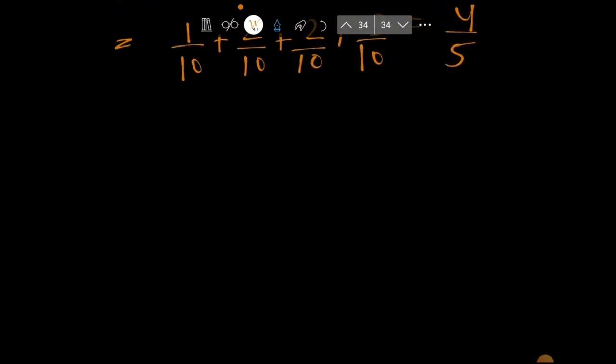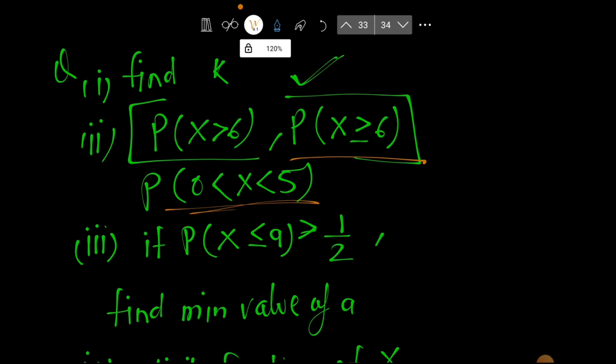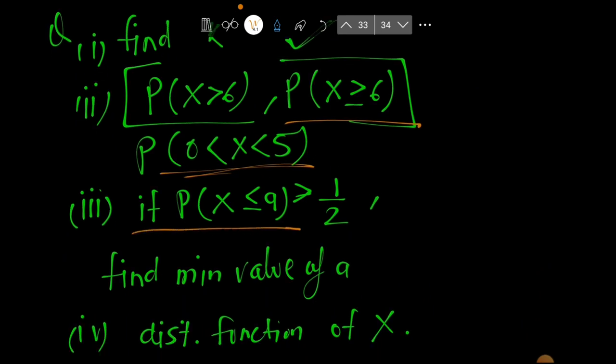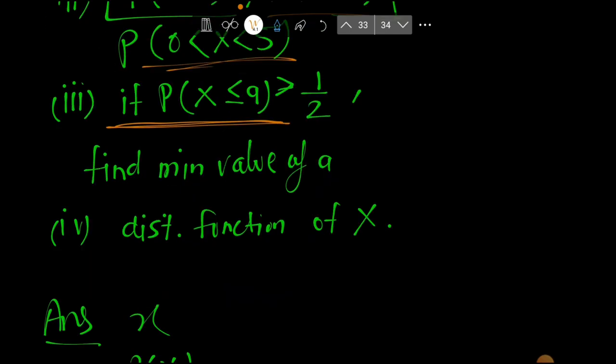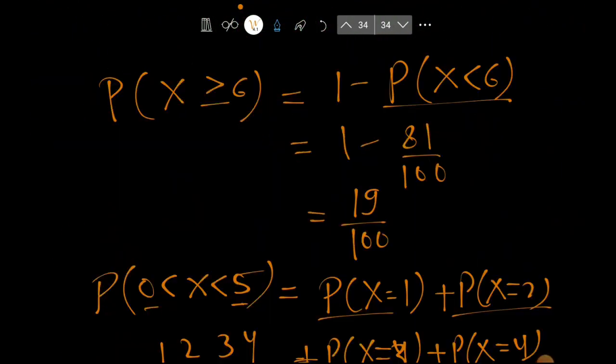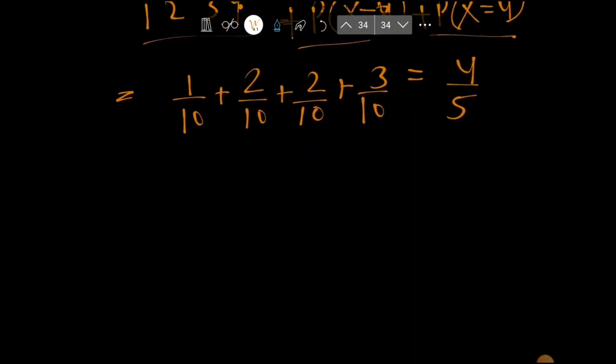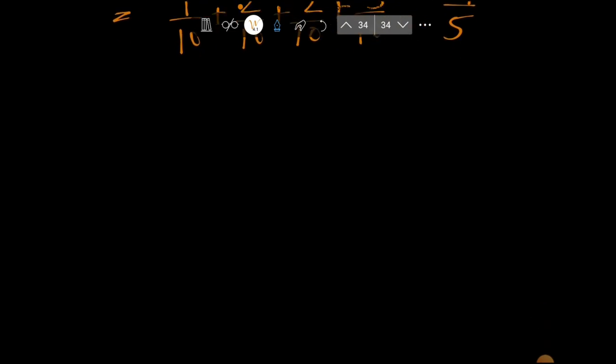Now the third question is to find, if p(x less than or equal to a) is greater than 1 by 2, the minimum value of a. So how can we find it? Let's start.